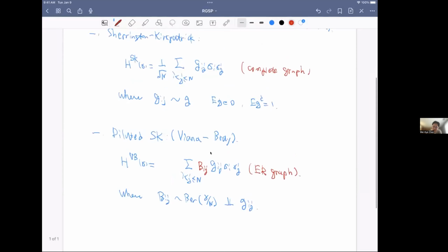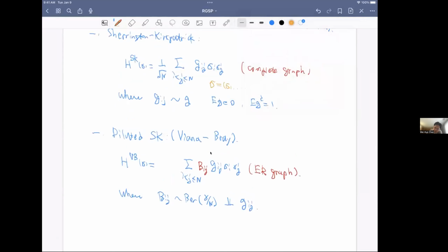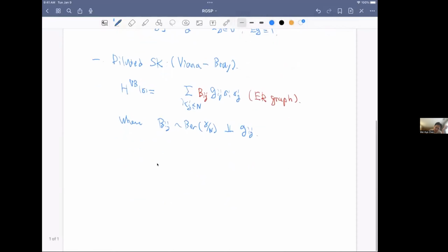One very important thing I forgot to say is that throughout the entire talk, I am going to focus just on spins on the hypercube, so sigma 1 to sigma n is a vector chosen from the hypercube. For each given spin configuration, I assign an energy according to these two Hamiltonians. These are very important models in the field, and then there is the Lévy model. What is the Lévy model?